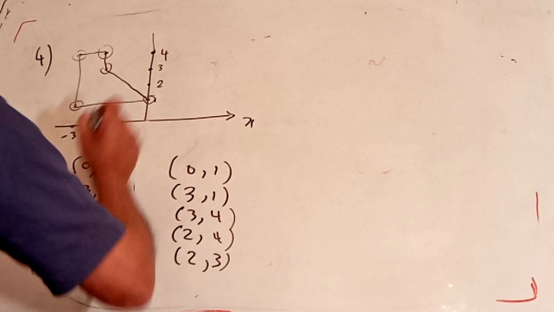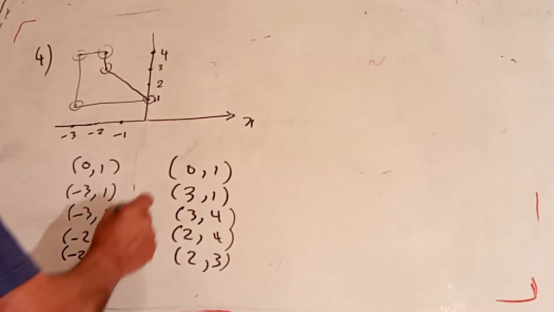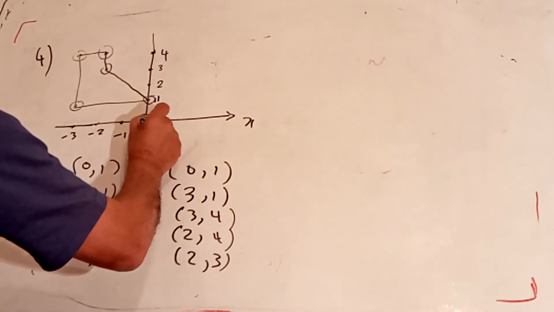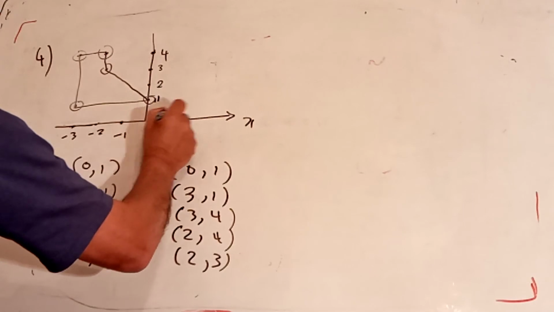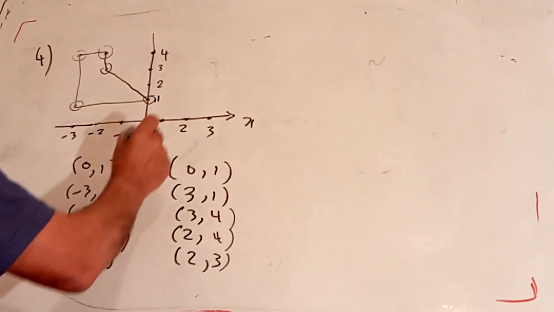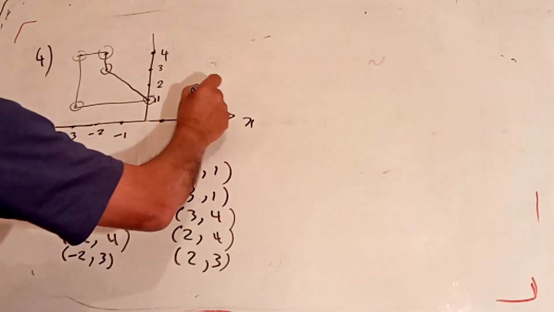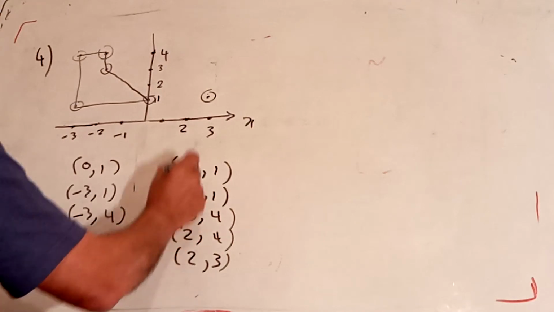0 and 1. It's this here. This is 1. Okay, 3 and 1. So this is 1, 2, 3. 3 and 1. This point here. Now we have 3 and 4.